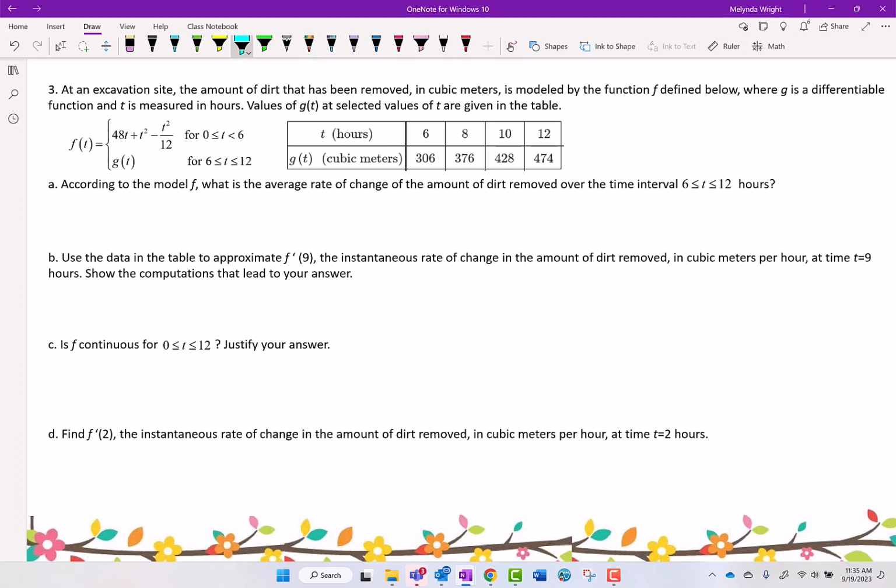So we should probably pay attention and underline or do something. Our units are cubic meters. G is differentiable. That's probably going to be important to us. T is measured in hours, and we've got cubic meters. So those are kind of clues right there.